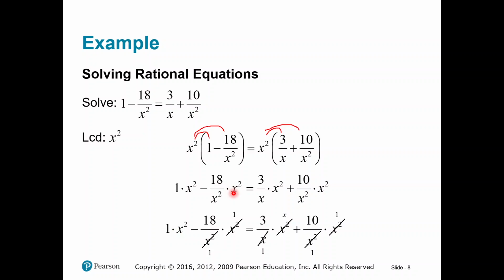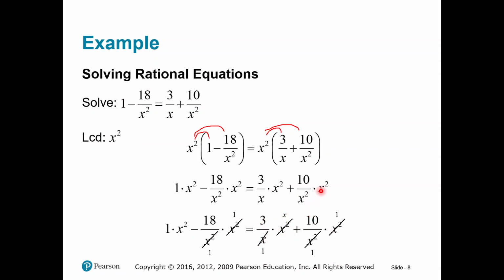X squared times 18 over x squared. These two x squareds go away. So you have 18 left over. X squared times 3 over x. Again, x squared here is bigger. So you have x on the top, and the x in the bottom goes away. And now you have 3x.